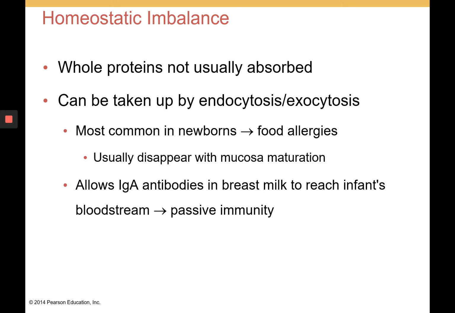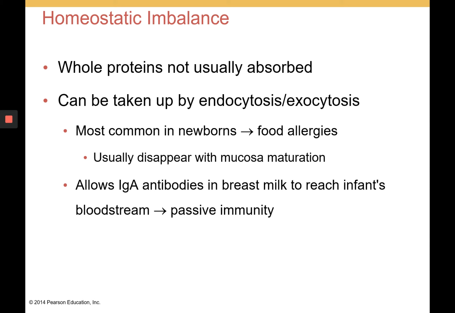A homeostatic imbalance we want to mention briefly is that the mucosa of newborns is not fully mature, and it allows them to take in whole proteins. Now, we're not normally allowed to take in whole proteins into our mucosa. They're broken down to their amino acids, and that's what is absorbed.